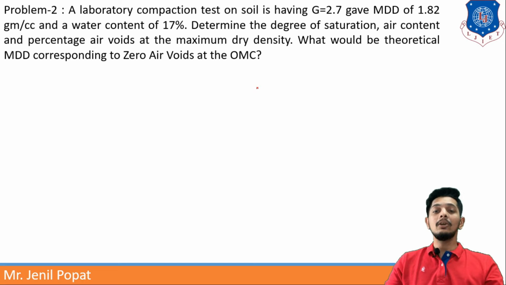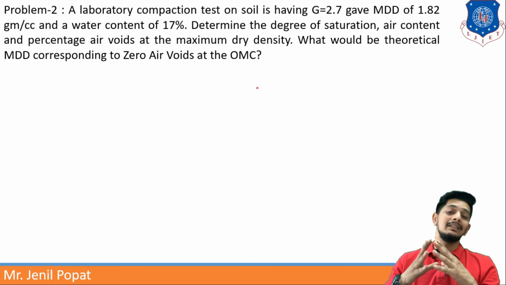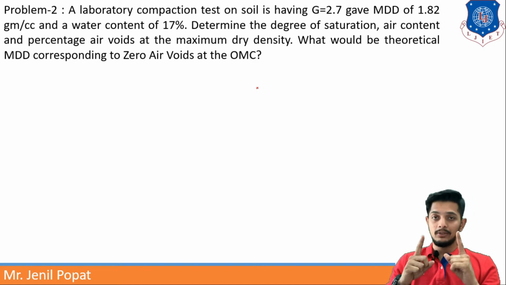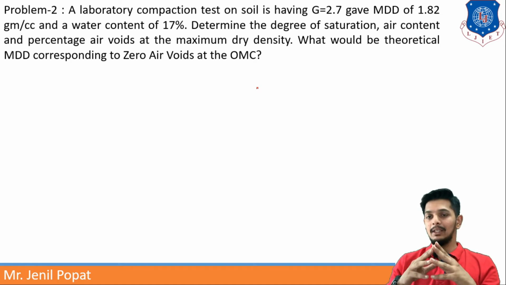Determine the degree of saturation, air content and percentage air voids at the maximum dry density. So you need to find out these three things. First, degree of saturation, second, air content, and third, percentage air voids at MDD.